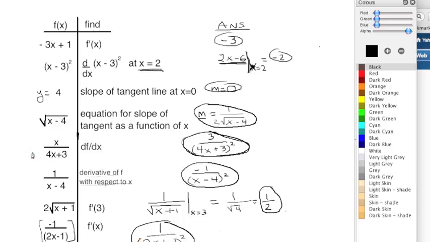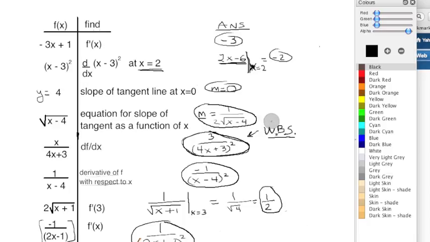I want df dx of this function right here, x over 4x plus 3. If you did not get this, you did not WBS correctly. And this WBS stands for Wham Bam Slam, and we talked about this in class. I will never say Wham Bam Slam because it is just a student-invented algorithm for adding and subtracting fractions.